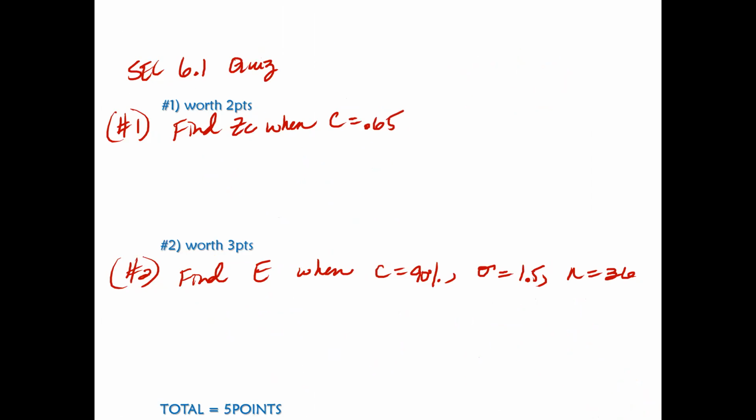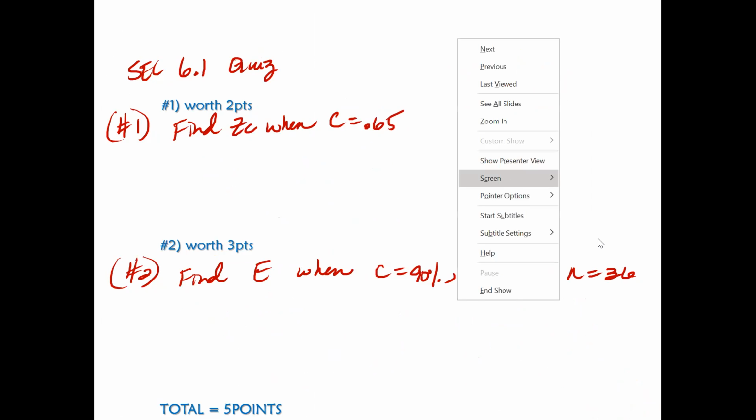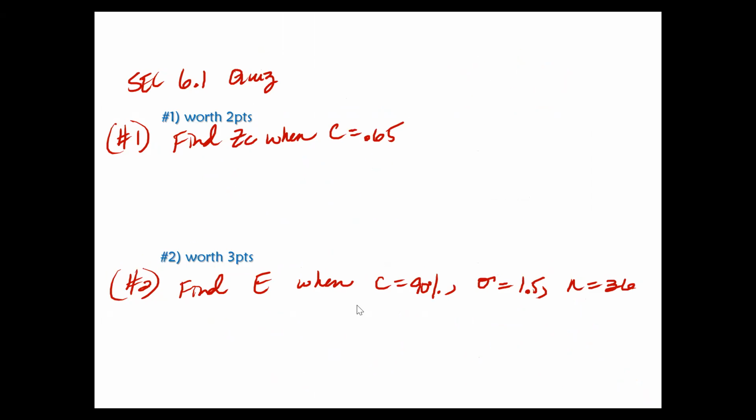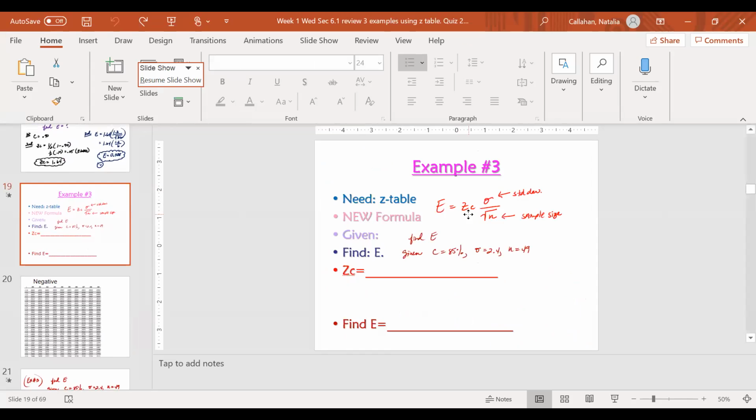All right, you guys, now that we have done that, you should be able to go ahead and do the following 2 questions on the quiz. The first one is finding the z-score when c equals 0.65. The second one is for you to find the z-score, the ZC score, but then also find E. So very similar to what we just did on the 2 examples together.